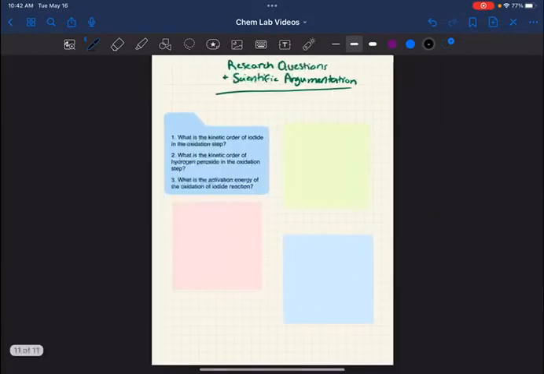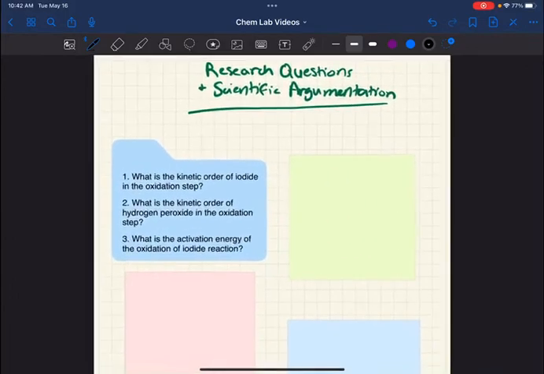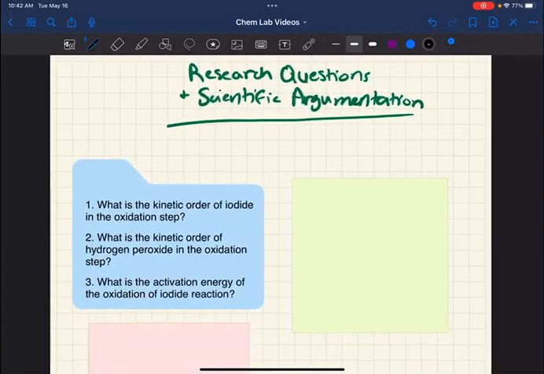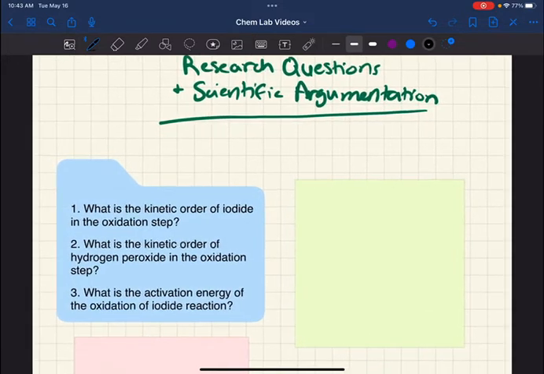All right, the last portion that I want to discuss is that part of this experiment, this will likely be the first time you've really encountered this in this lab, is a discussion of particular research questions that we're trying to answer with the experiment and how you can go about engaging in scientific argumentation about those research questions. So there are 3 separate research questions.